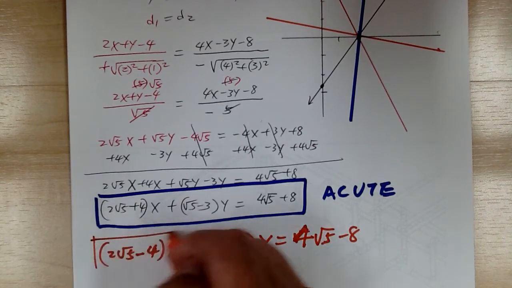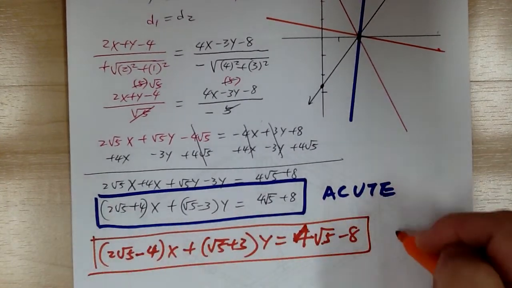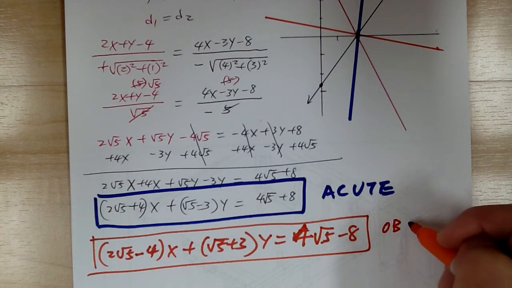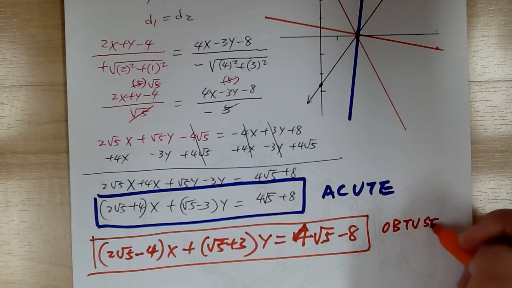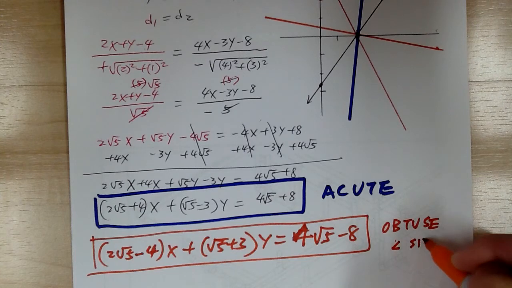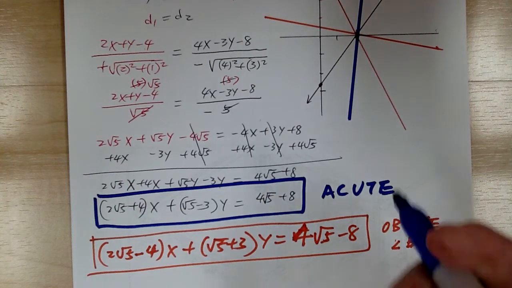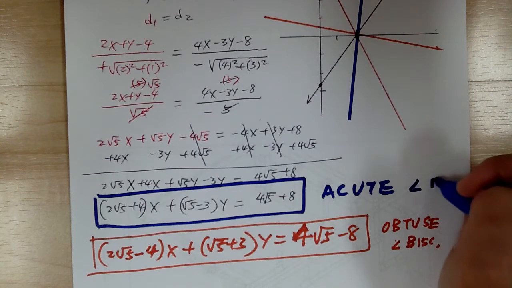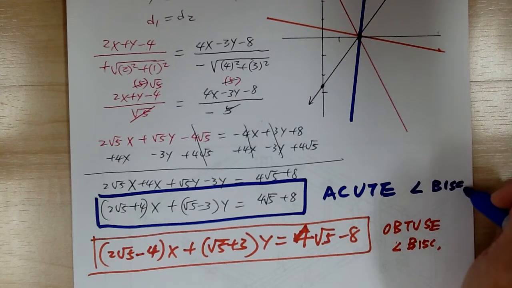Okay, and this would be for obtuse. Angle bisector, and this will be acute angle bisector.